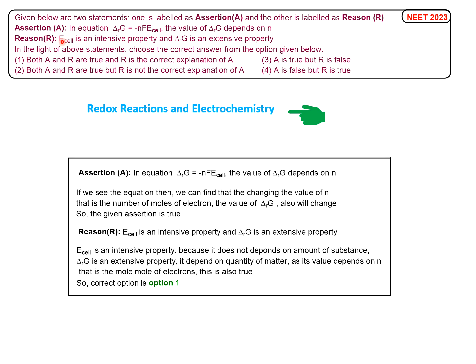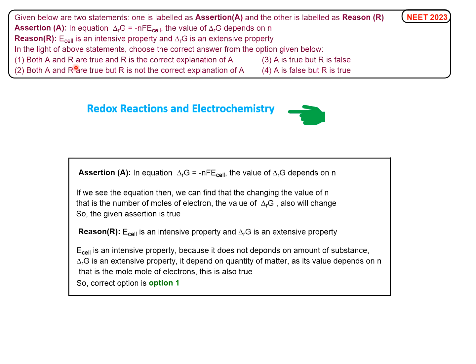Assertion: in the equation ΔG = -nFE_cell, the value of ΔG depends on n. Reason: E_cell is an intensive property and ΔG is an extensive property. In the light of the above statements, choose the correct answer from the options given below.